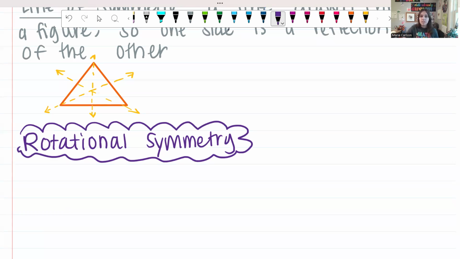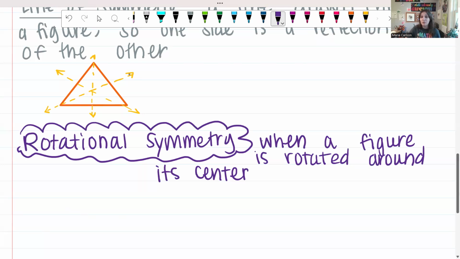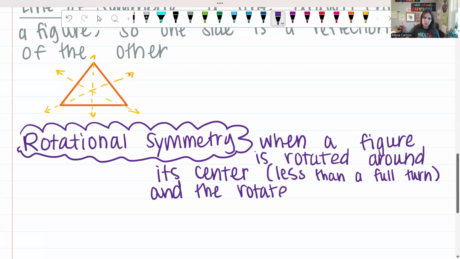Rotational symmetry is when an object or a figure is rotated around its center, less than a full turn, and the rotated figure is the same as the original.